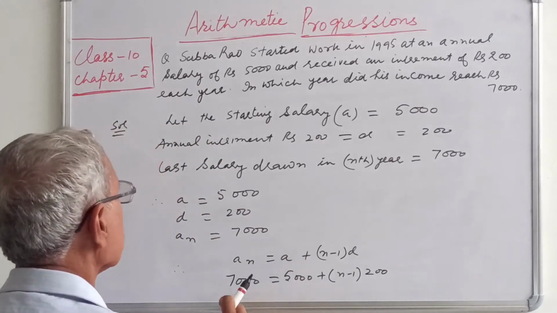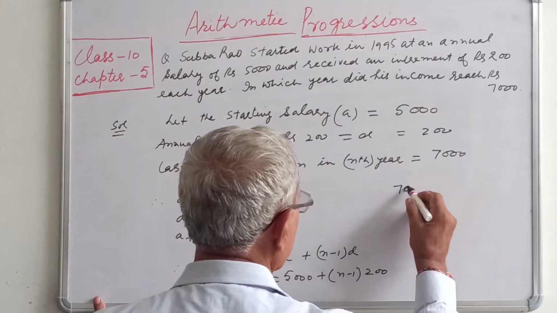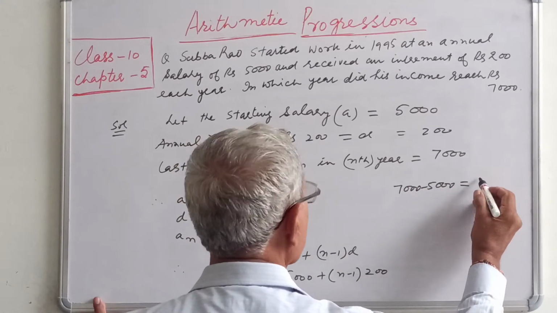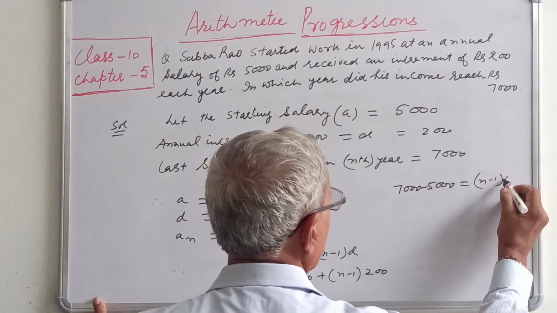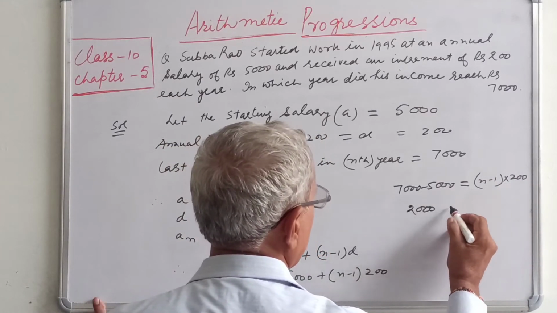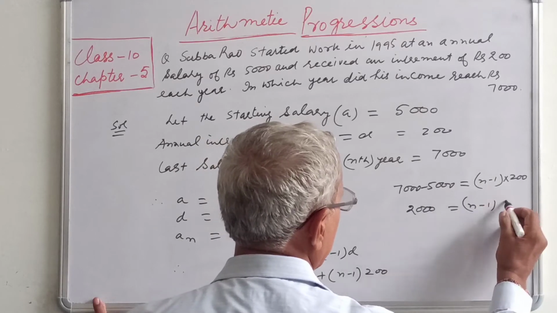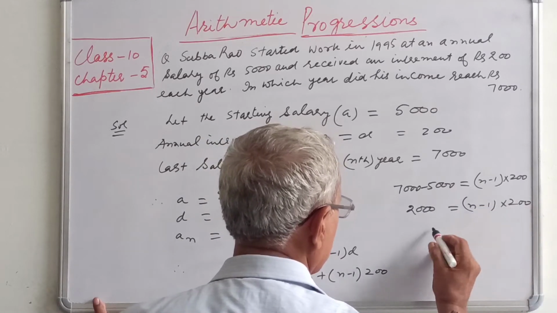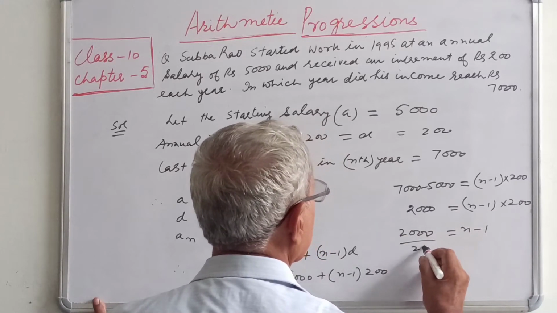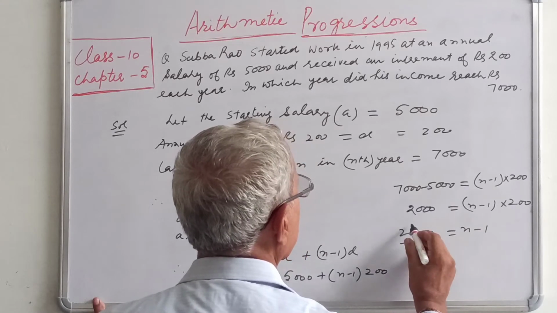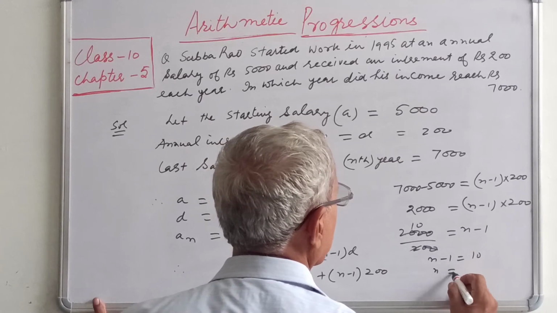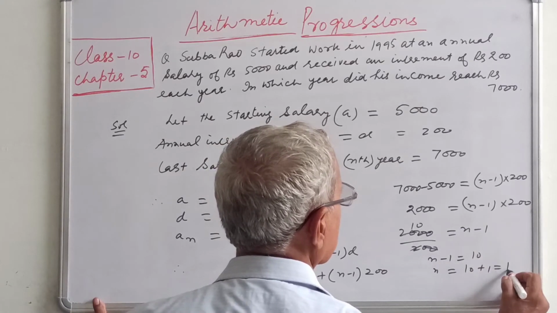So taking 5,000 to the other side of the 7,000, so 7,000 minus 5,000 is equal to n minus 1 multiplied by 200. So 2,000 is equal to n minus 1 multiplied by 200. So n minus 1 will be equal to 2,000 divided by 200, that is 10. So n minus 1 is 10. So n is equal to 10 plus 1, that is 11.